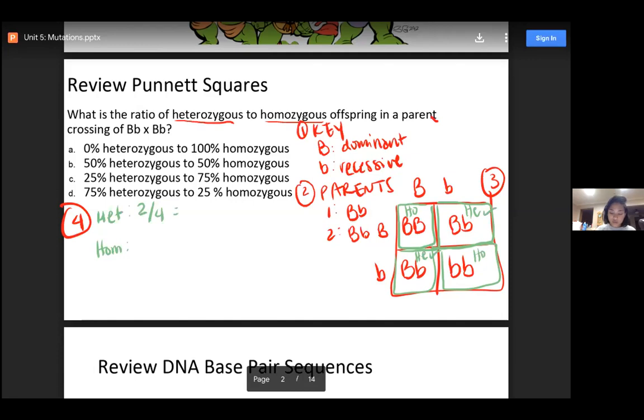Homozygous, we have 2 out of 4. Go ahead and do your math and figure out the ratio of heterozygous to homozygous offspring. That's right. If you simplify these fractions, they turn out to 50%. So we have 50% heterozygous and 50% homozygous. And that is how you would solve this kind of problem with Punnett squares.